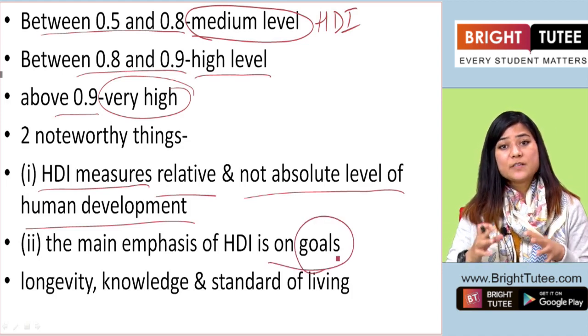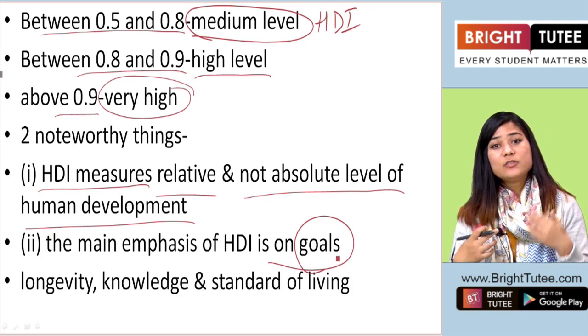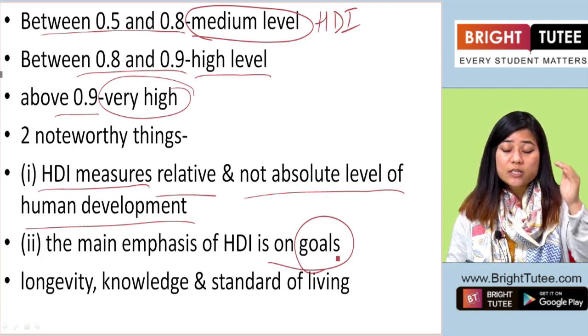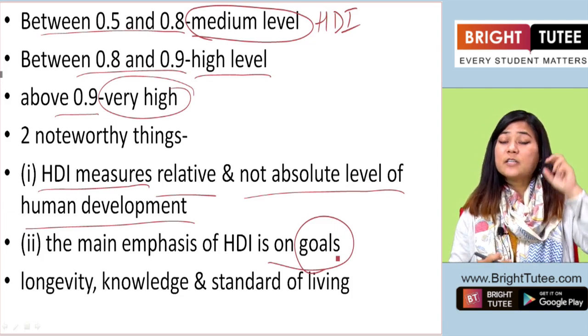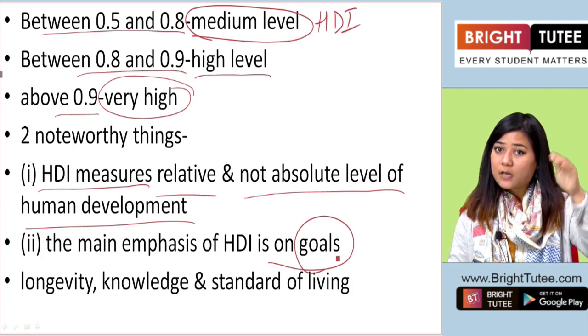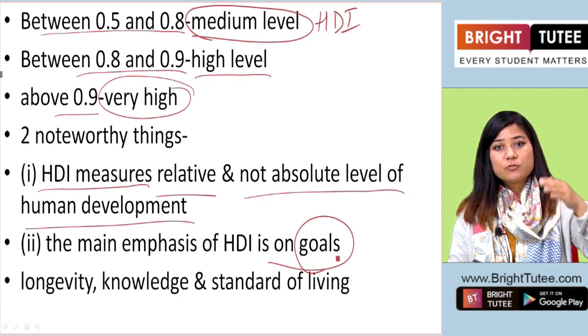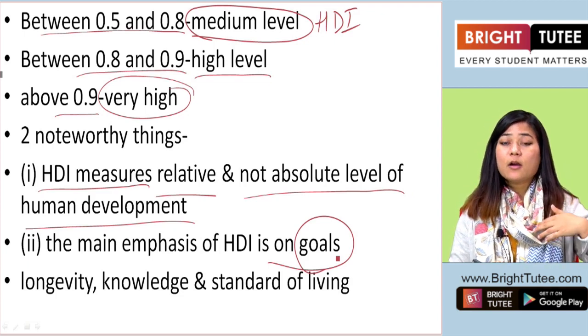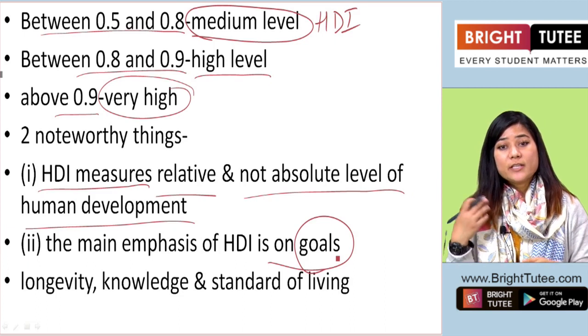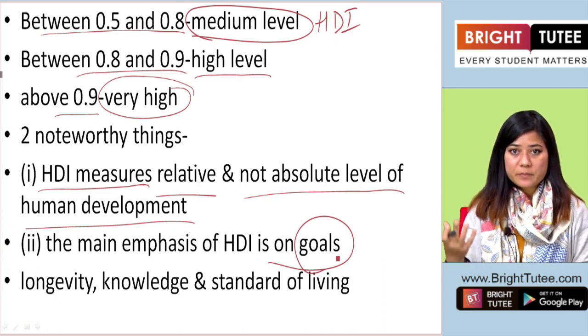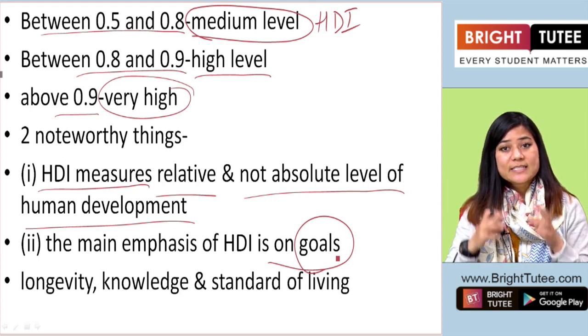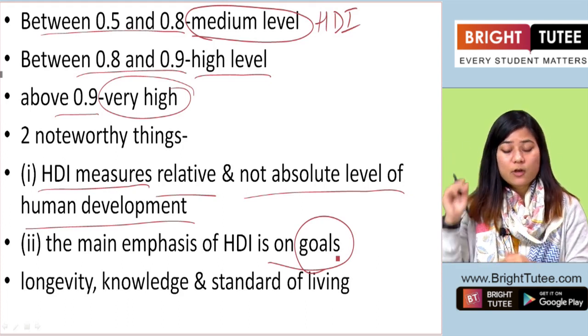Their main emphasis is to see how the country achieves its goal of being a developed country. Whether they spend more money on education, whether they spend more money in increasing the income or salary of the people. So that way it emphasizes on the goals of the country.